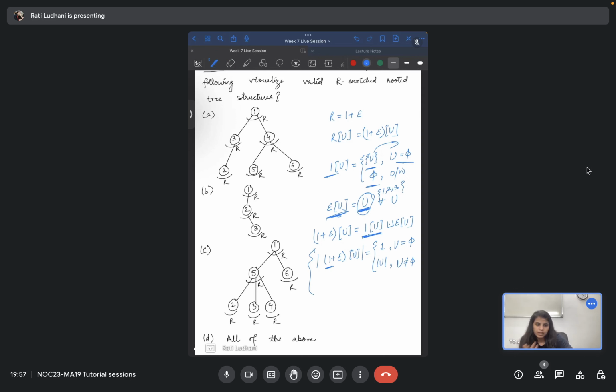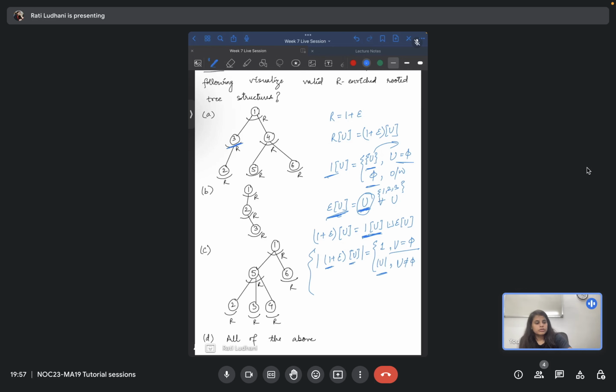So the checking is actually okay, because now you don't have anything which is empty. There is no U for which there are no structures on it. So 1 plus epsilon always has a structure on any U. When you take 1, there are 2 structures, and when cardinality of U is 2, then 2 structures are going to be there.